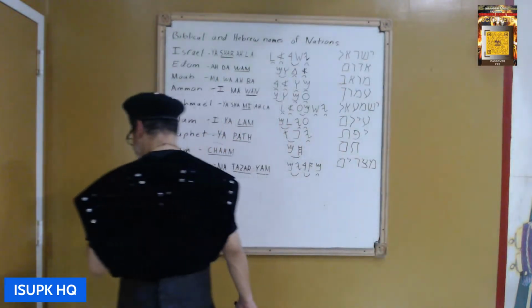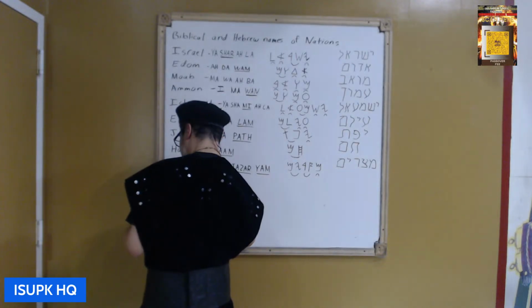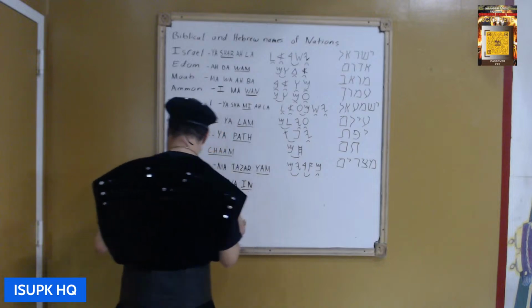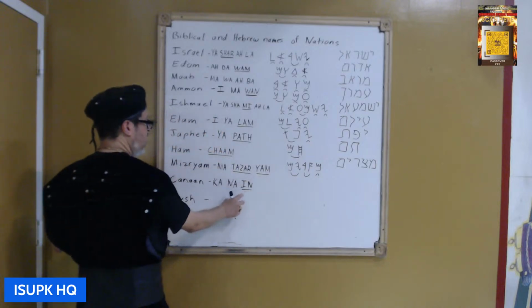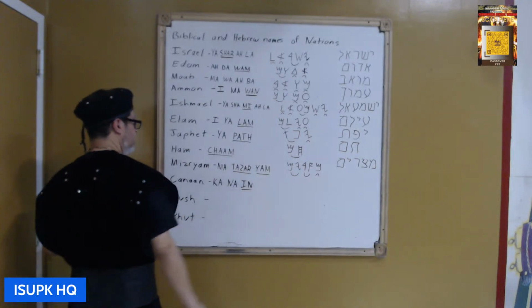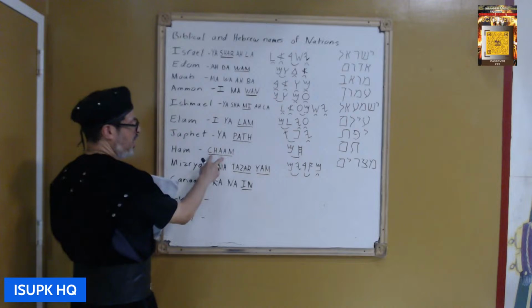Next we have Canaan, which is pronounced Ka, Na, Ain. This is an Ain and a Na that's connected. So that's a Ka, this is a Ka.